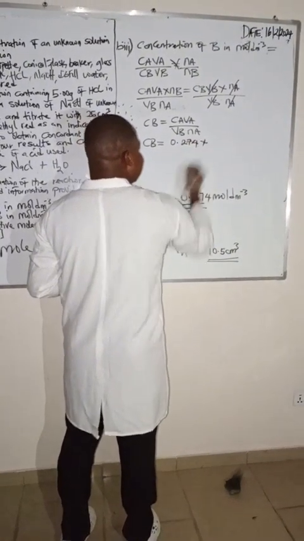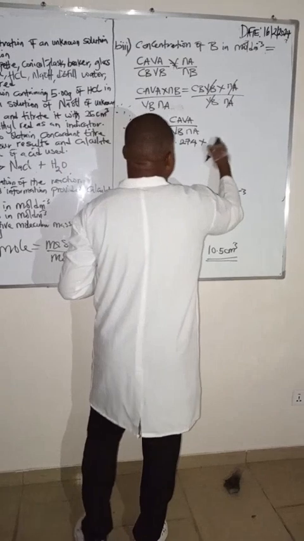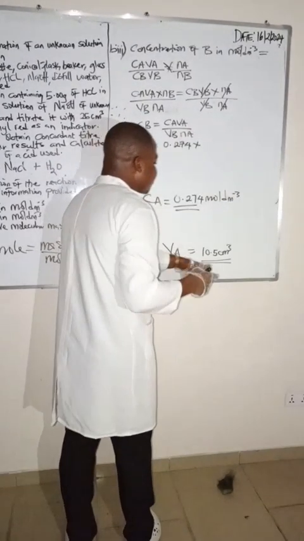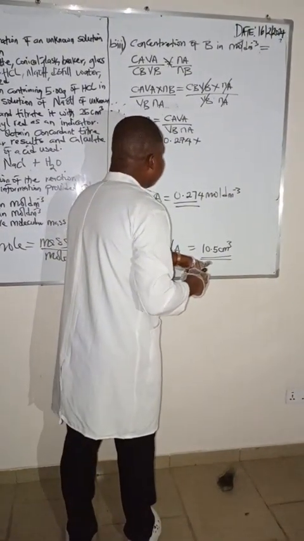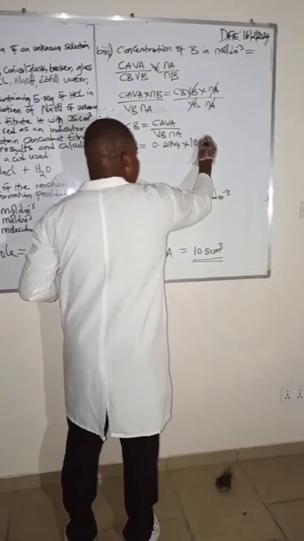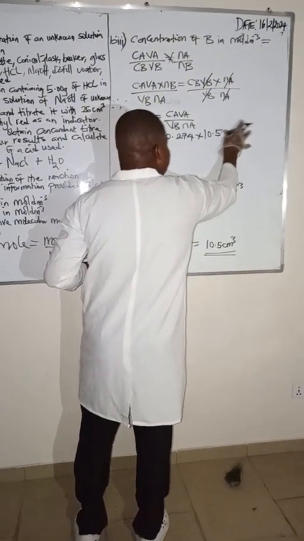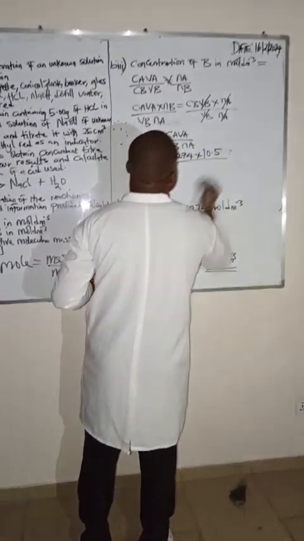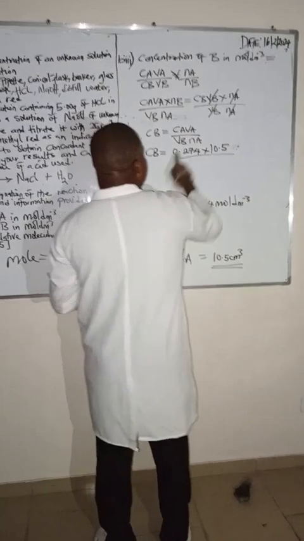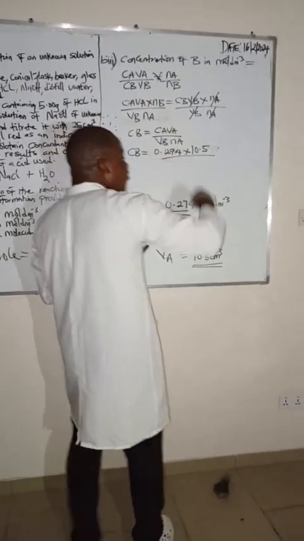CA is 0.274 times what is our VA, the volume of acid? Our VA is 10.5, all over our VB. Our VB is the volume of the base, which is the volume of our pipette.